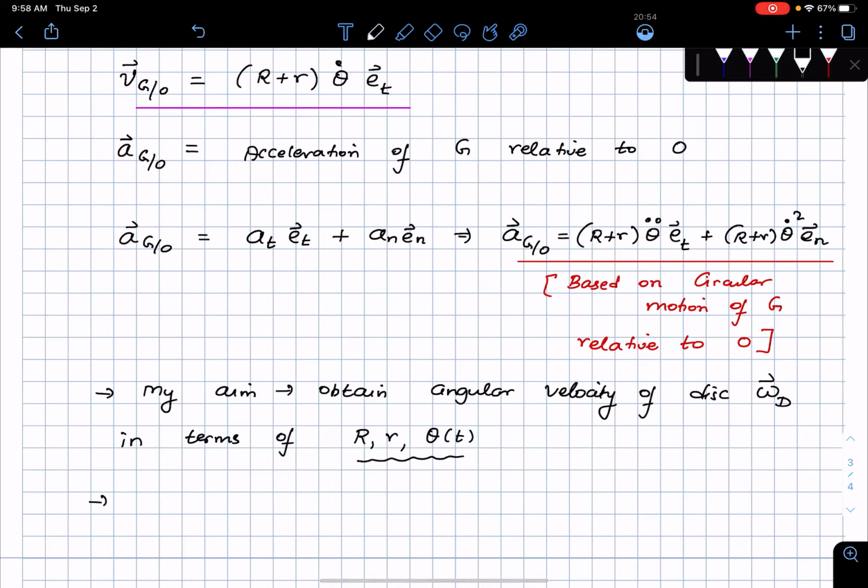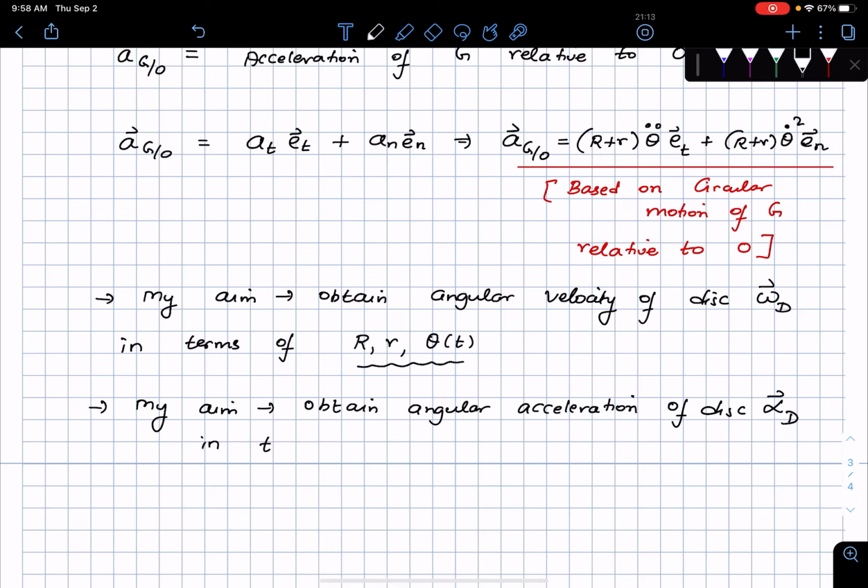And obviously my aim is also to obtain the angular acceleration, which I'm going to call alpha disk, in terms of r, R, and theta of t. So this is the angular acceleration of the disk, alpha. This is the angular velocity, omega. We have the acceleration of G, and I have the velocity of point G, which is a point on the disk, the center of mass of the disk.